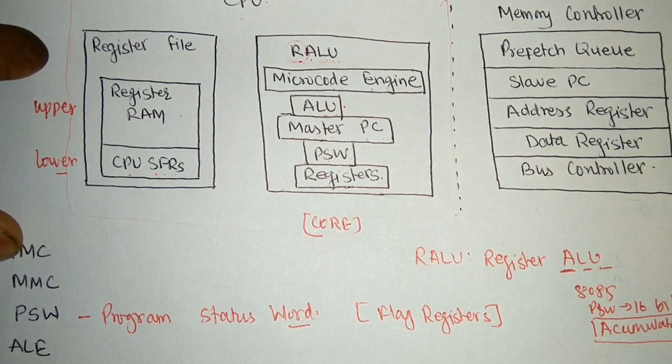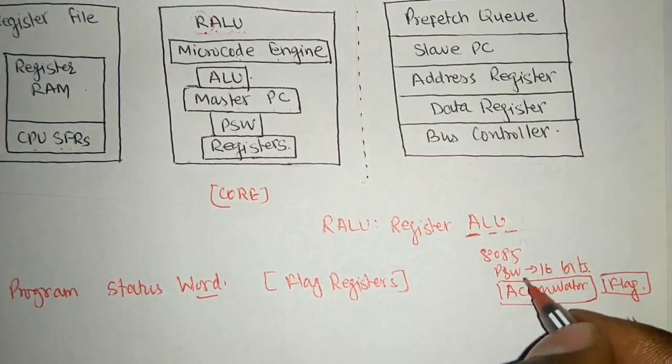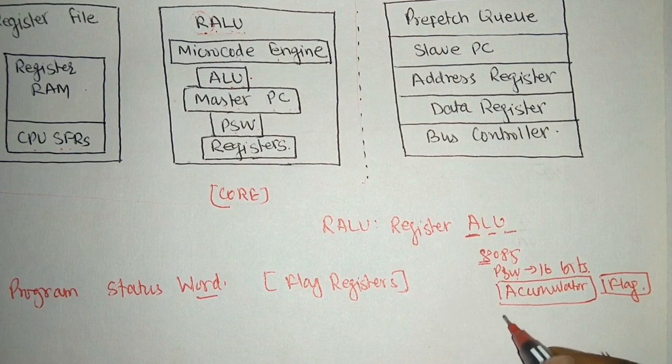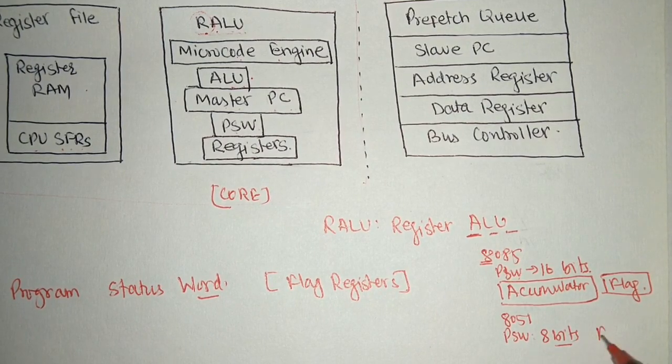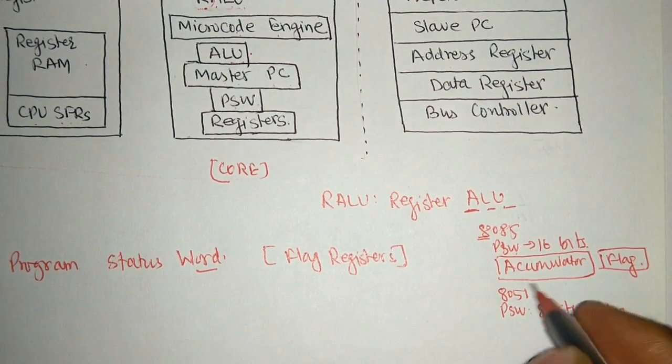That is how we have a 16-bit PSW in case of 8085. But in case of the 8051, our PSW is of 8 bits. So that is only the flag registers here. The flag register alone is called the program status word in case of the 8051 microcontroller.